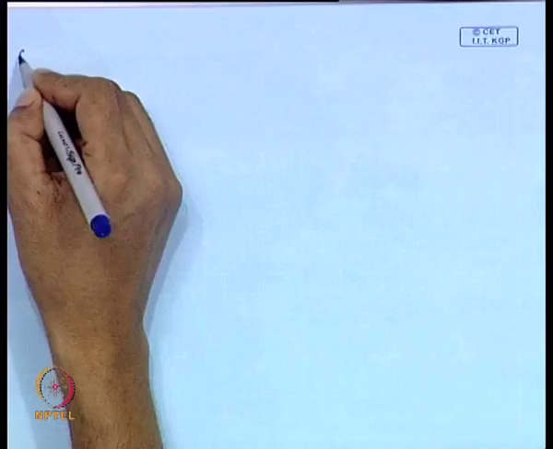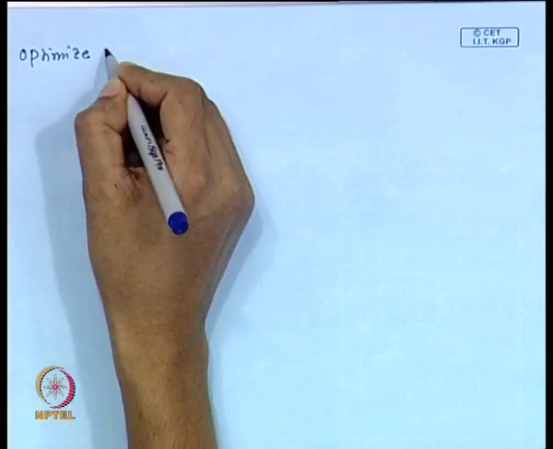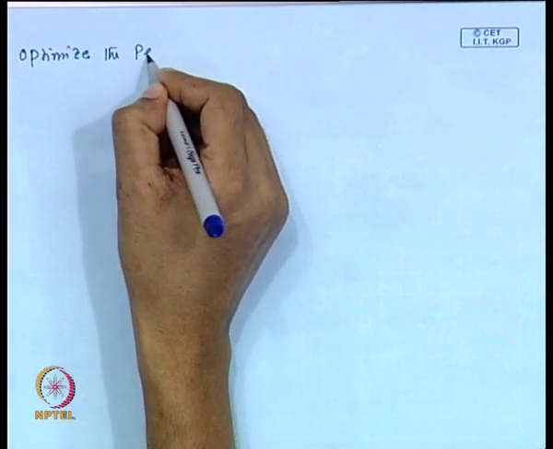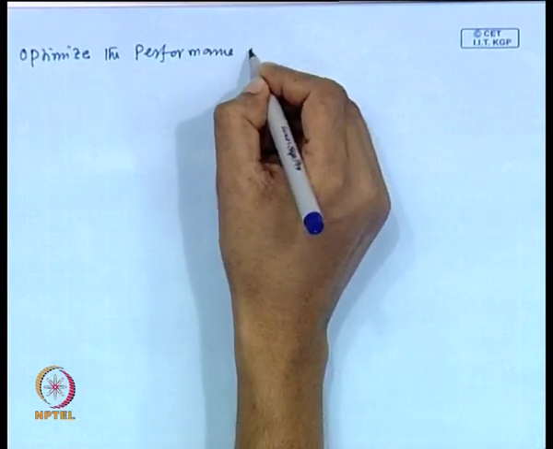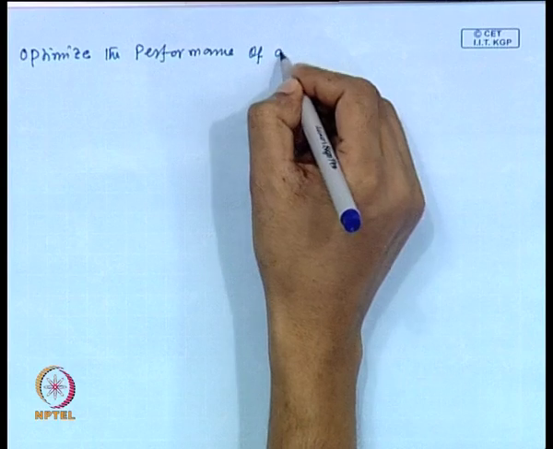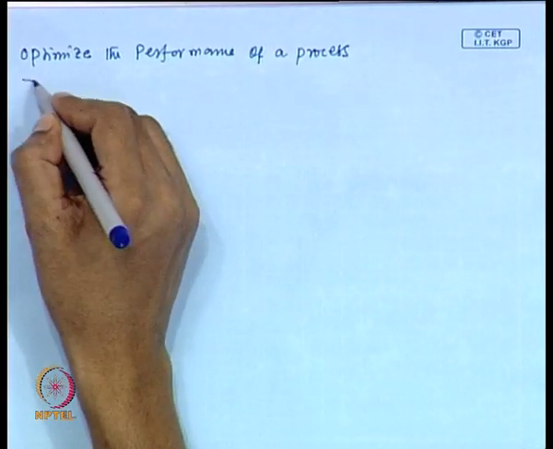Fine. Next issue is the performance of a chemical process, or optimizing the performance of a process. This is the third issue.